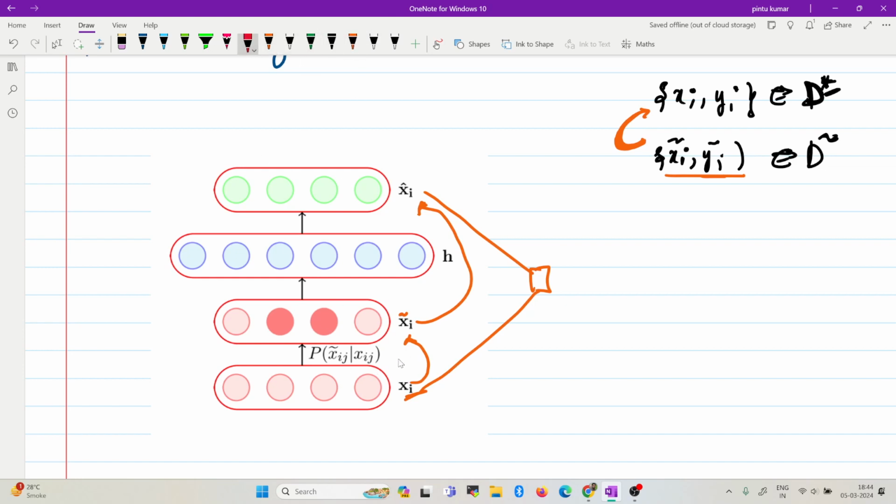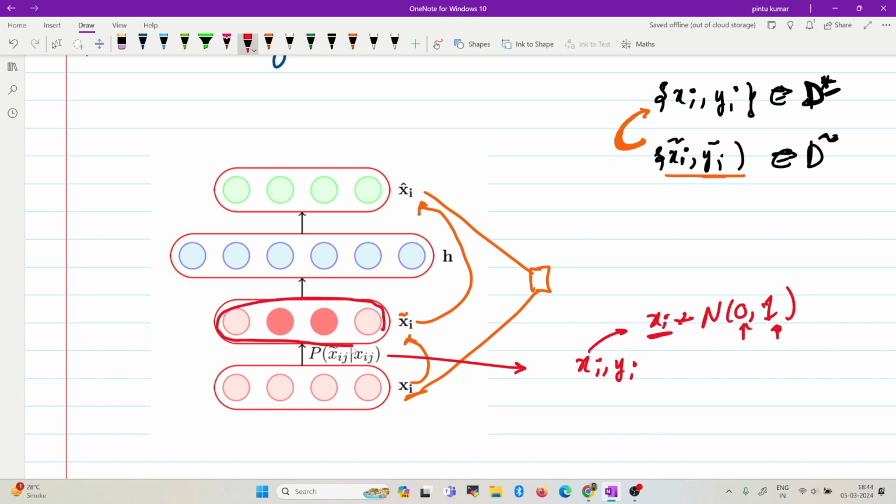This noise can have different models. Let's say you had some xi comma yi, and to your xi you added noise from a normal distribution with mean 0 and standard deviation 1, and you trained your autoencoder on this, right?